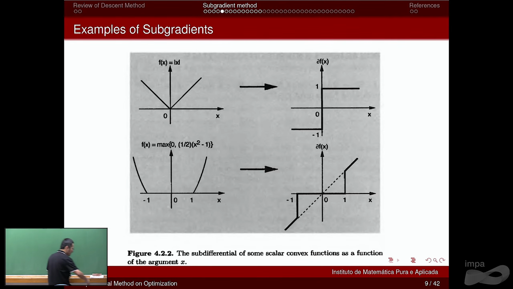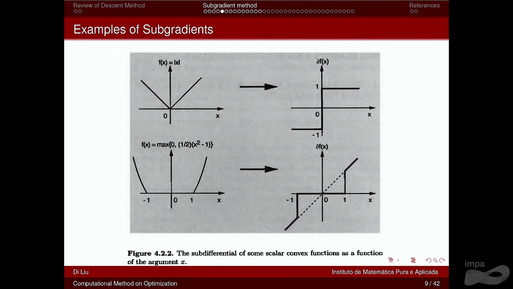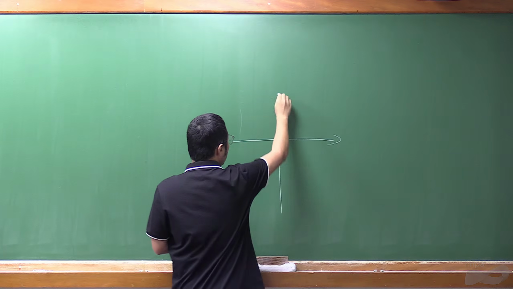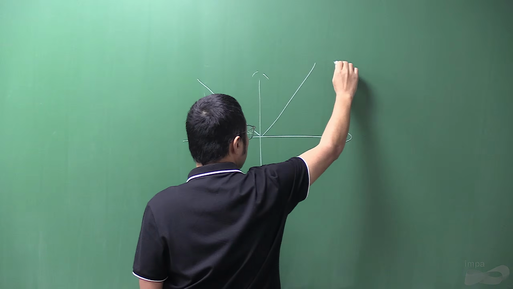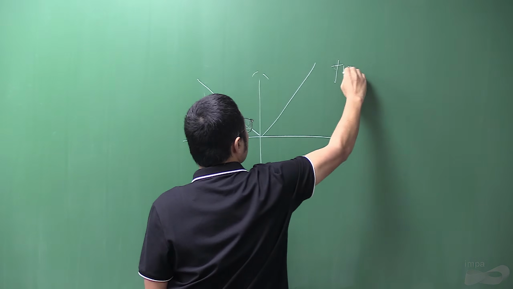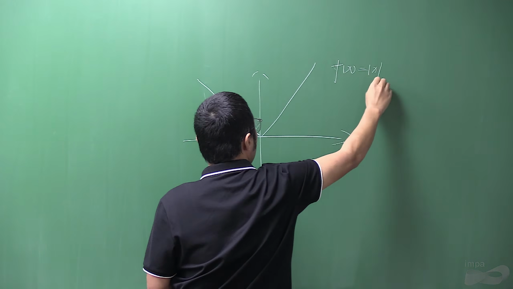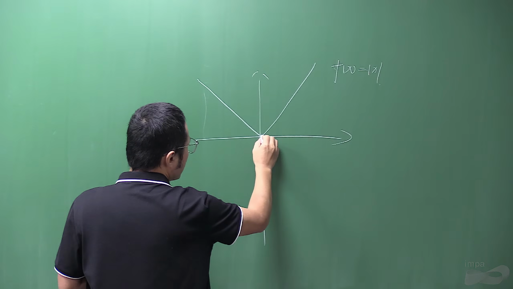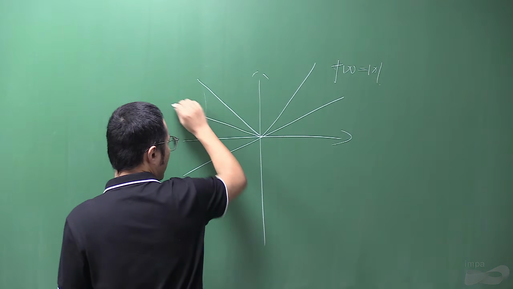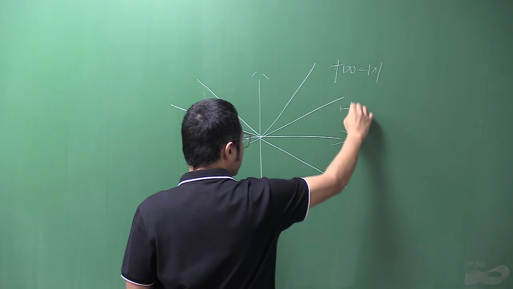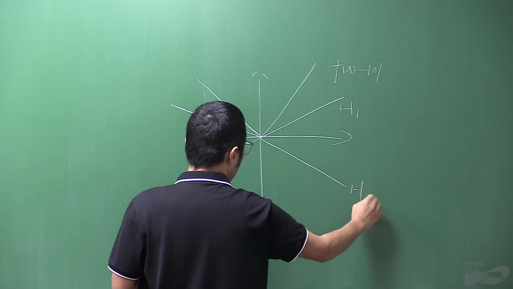I can draw a picture here. So you have the absolute value function, okay? This function is f(x) equals the absolute value of x. At this point, you can define several supporting hyperplanes. For example, we can define this h1 and h2, okay?